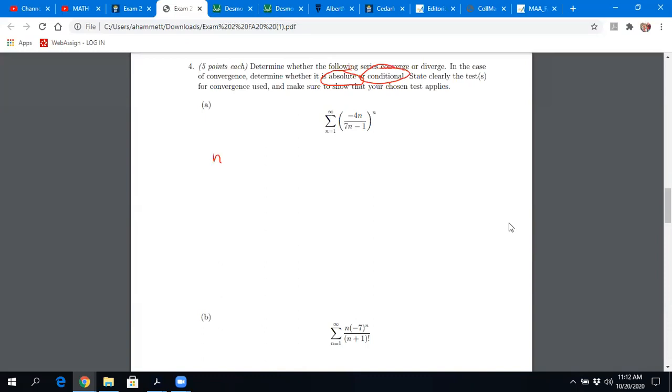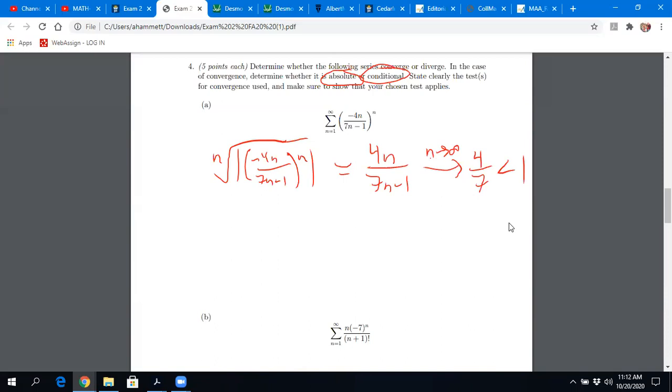If you take the nth root of the absolute value of this thing, negative 4n over 7n minus 1 to the n, then what you end up with is the nth root goes away, the minus sign goes away, and you end up with 4n over 7n minus 1. And as n goes to infinity, what does that go to?